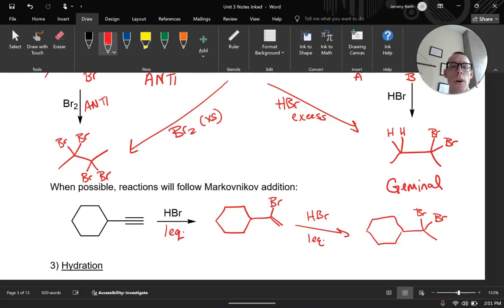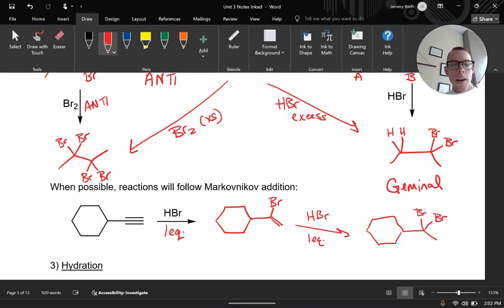Then you could use, for example, your molten KOH to then actually make an internal. So if you want to ever convert from a terminal or an outside to an internal, you could actually use this type of reaction. And we'll actually do a specific example of that once we get through our reactions and we're thinking about all these outside of a vacuum and putting them all together.